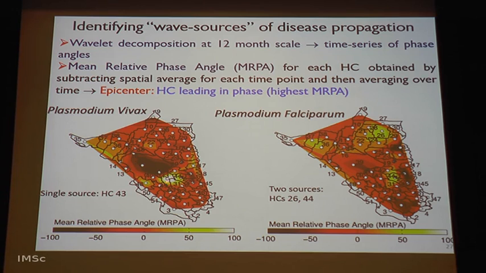Especially for this work, we have to analyze what could be the environmental factors responsible for these epicenters, because these results will be useful in order to identify pockets of location. What is the benefit of the epicenter? We can identify locations in order to intensify, say, vector eradication, the mosquito eradication programs, in those locations, because these locations are the epicenters from where the malaria spreads, the starting point.